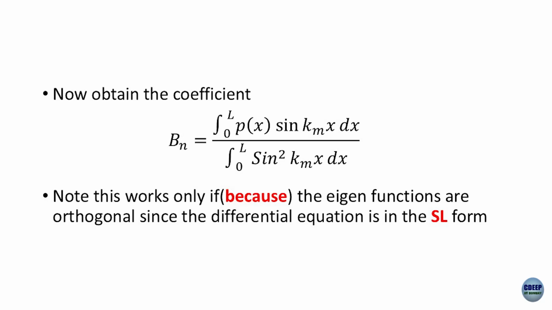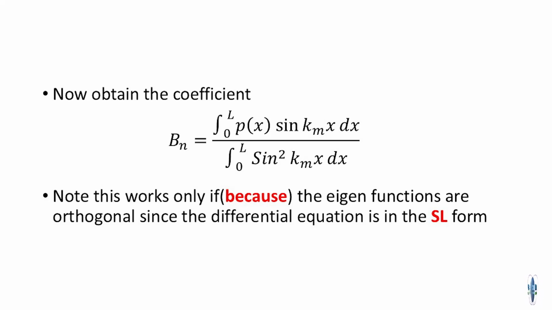This still is going to be orthogonal, correct? This still is orthogonal. This works only if, in brackets, because the eigenfunctions are orthogonal since the differential equation is in the SL form. So what is this SL business here?